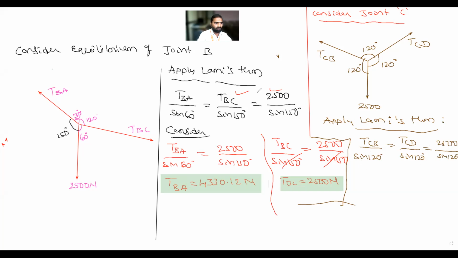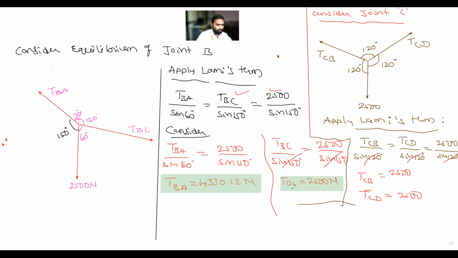So the sine 120 gets cancelled from all sides. You will get 2500. Tension in member CB is 2500 Newton. So tension in member CD is equal to 2500 Newton.